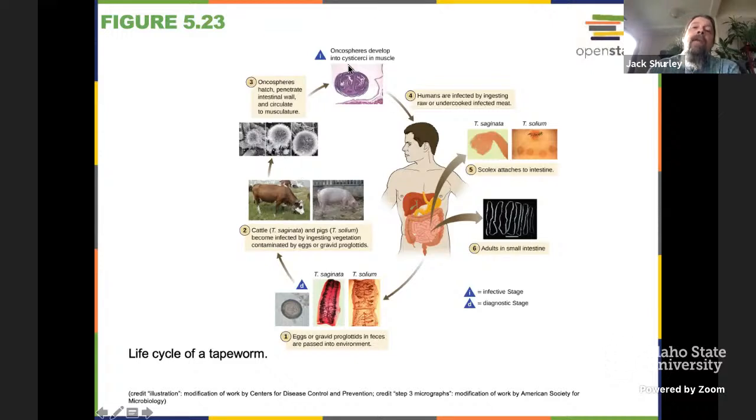So within the musculature, these oncospheres develop into the cysticerci, which are what's ultimately infective to us if we consume raw or undercooked meat. We can get it. So saginata, solium, and they attach into the intestine and grow. There's another that we could have over here as well.